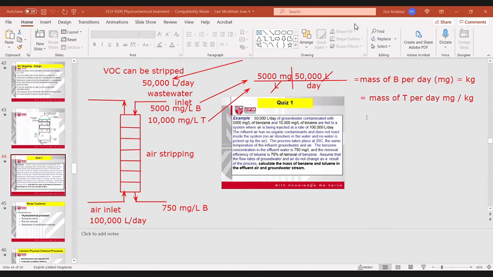If you are confused how to change milligram to kilogram, let's say you got 2.5 million milligram, for example.